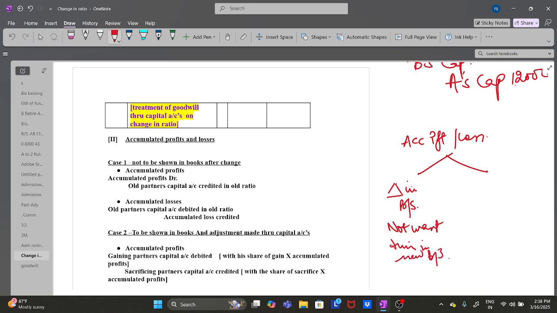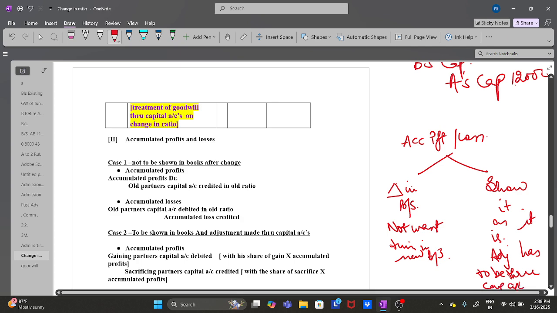New balance sheet means balance sheet after the new ratio, or they want to show it as it is. If they want to show it as it is, then the adjustment has to be through capital accounts. If it's general reserve, we give it to A and B in their old ratio. If accumulated loss is there, A and B, we transfer it to P&L in the old ratio.